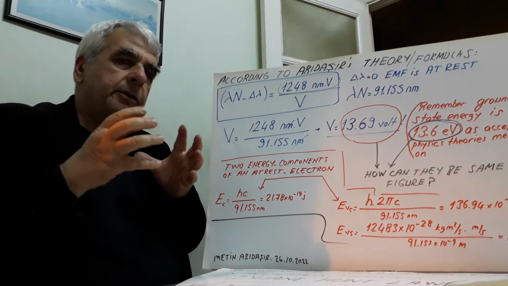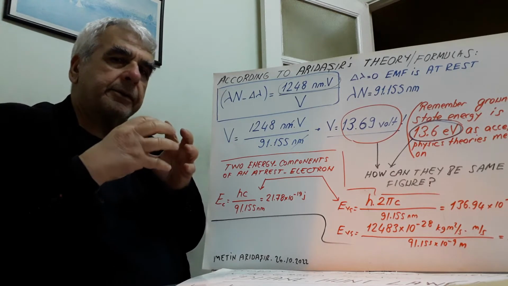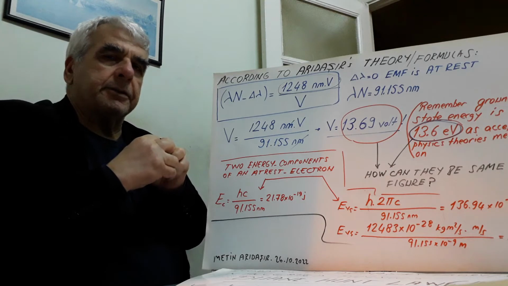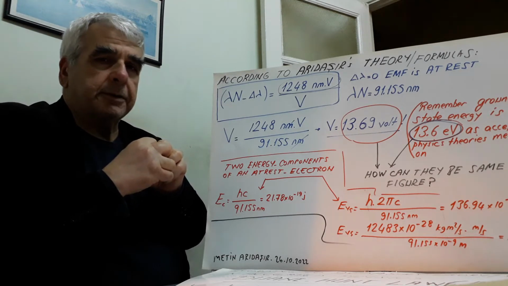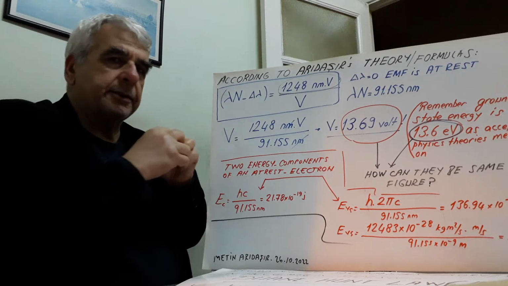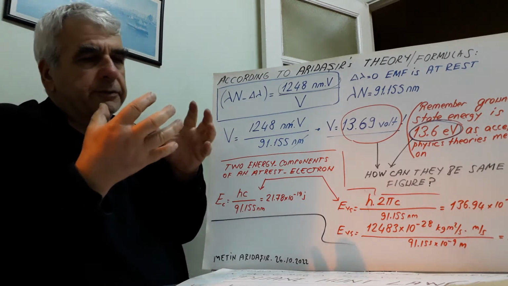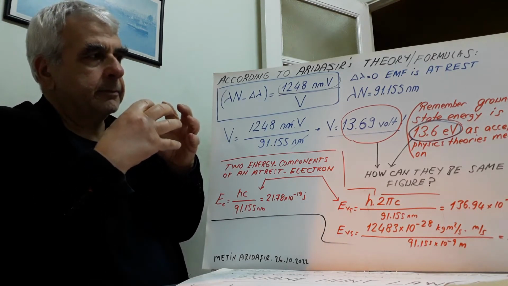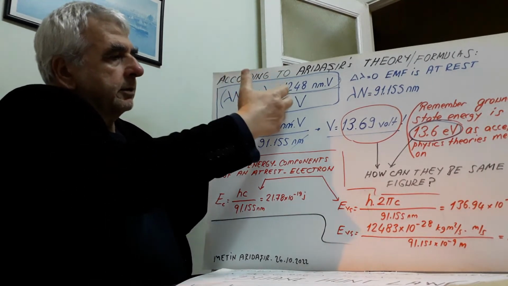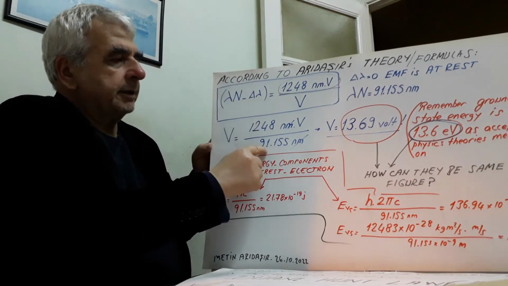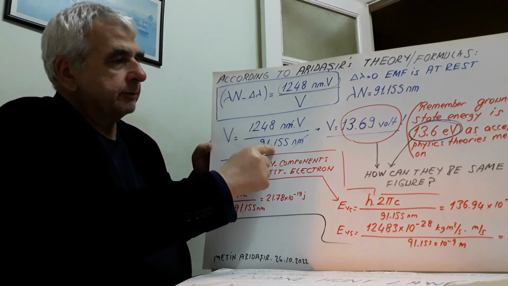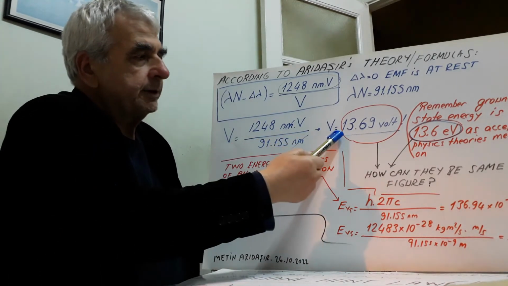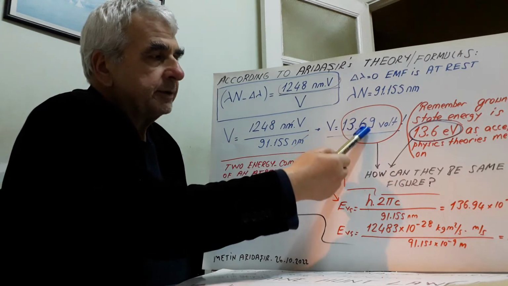Think of hydrogen, a single electron atom, and the proton-bounded electron motion form. Remember, ground state, not disturbed, or at rest, free but at rest, not relocating, okay? And if I put this wavelength, the at-rest wavelength of the electron motion form, a very interesting result: voltage is equal to 13.69 volt.